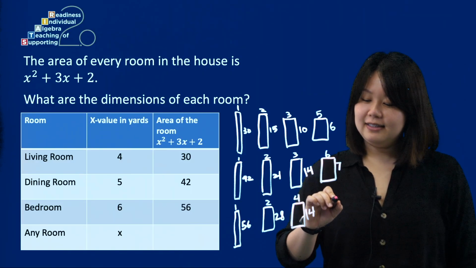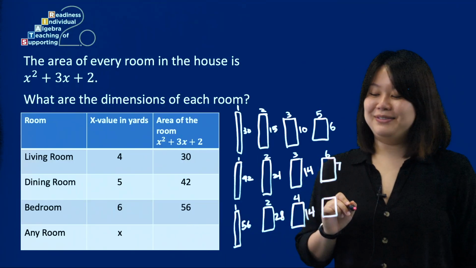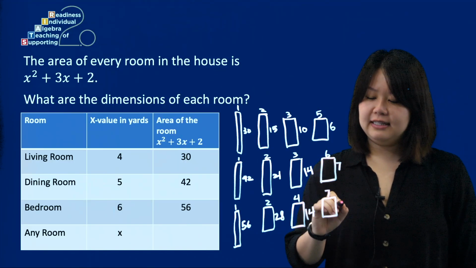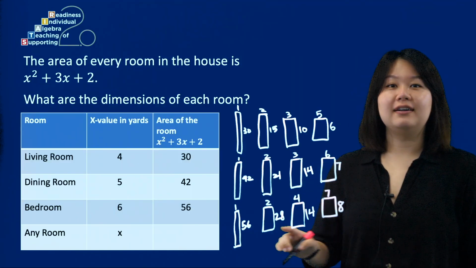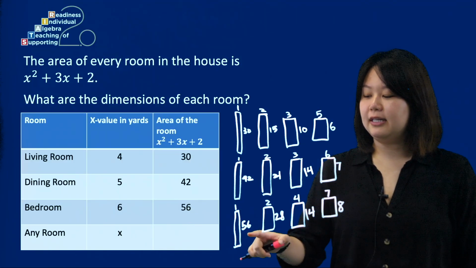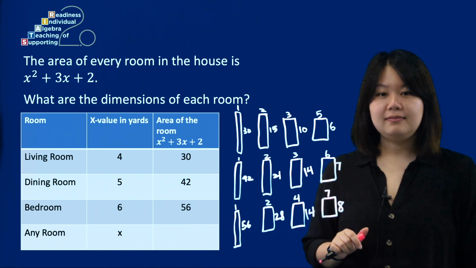And finally, 7 and 8. So my drawings are not up to scale. Again, these 4 rectangular shapes with their dimensions all multiply to 56.